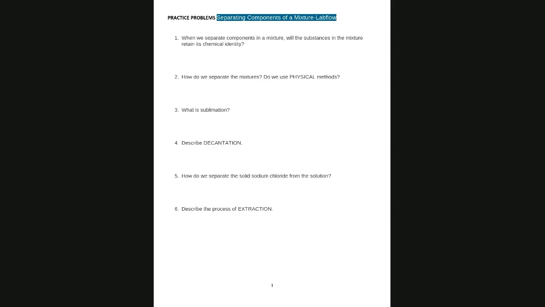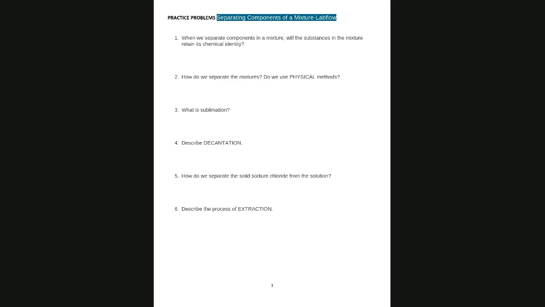Let's see if somebody can answer the first question after we went over some of the concepts of the experiment. Let's read the first question. It says, when we separate components in a mixture, components being each of the substances in the mixture, will the substances in the mixture retain their chemical identity?